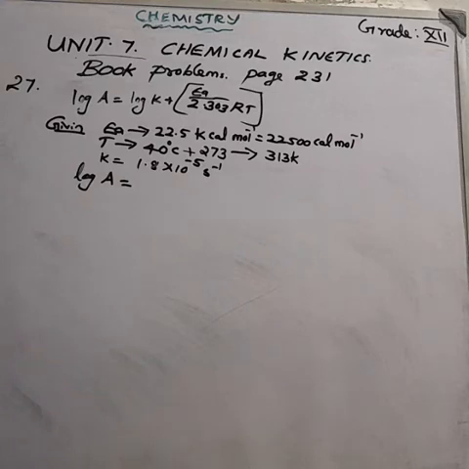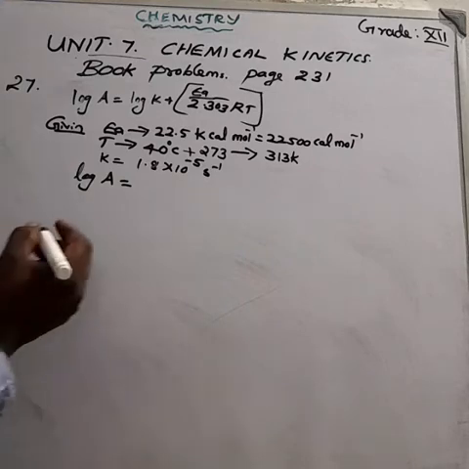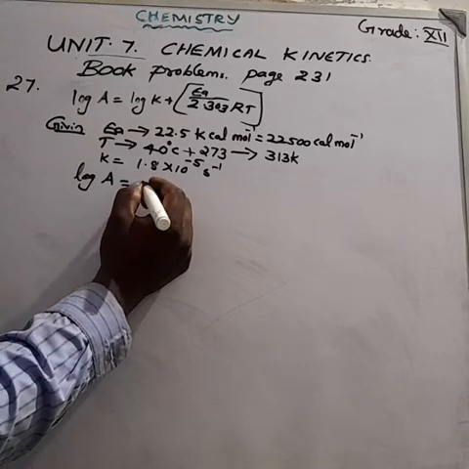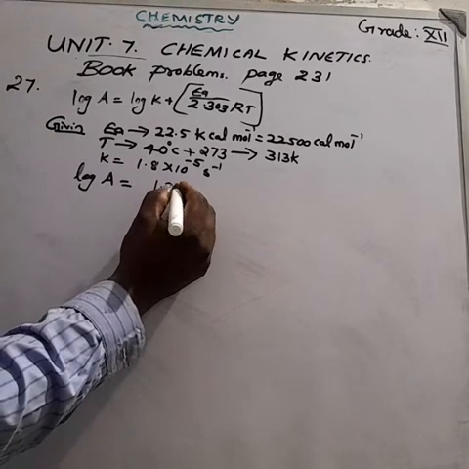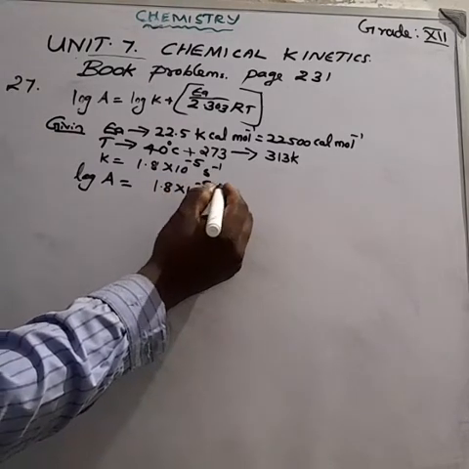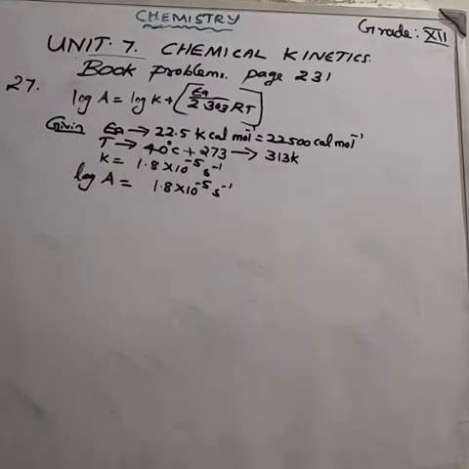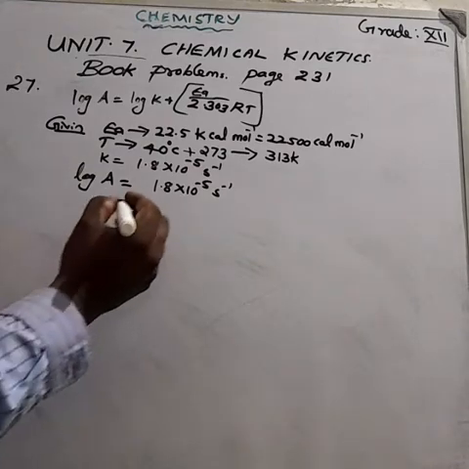So log A is equal to, substituting here, log K. What is the value of K? 1.8 into 10 raised to minus 5. You have to put it in a bracket, plus, next the EA.